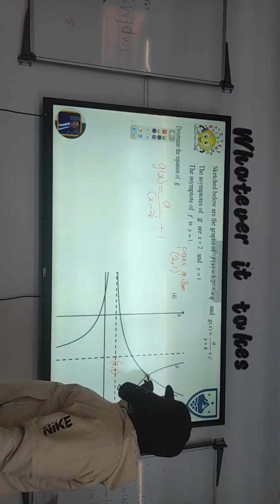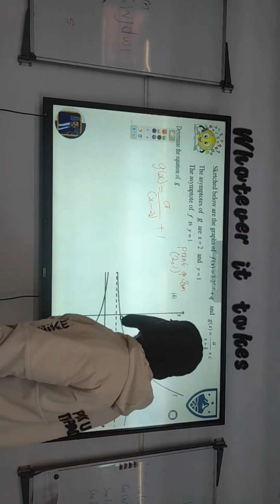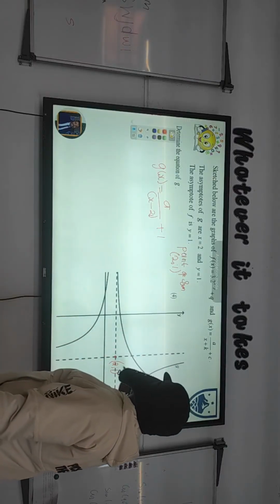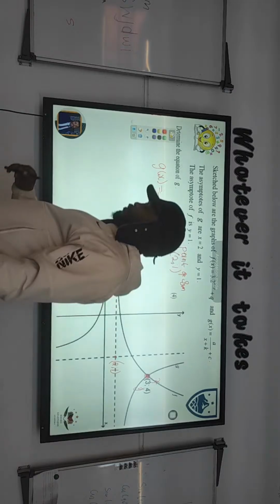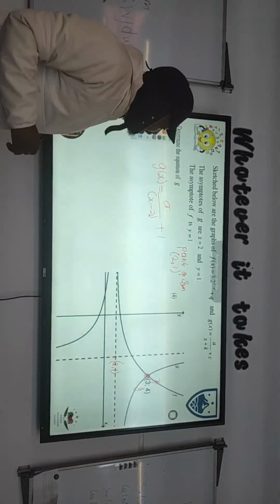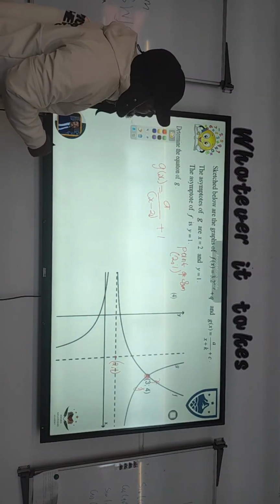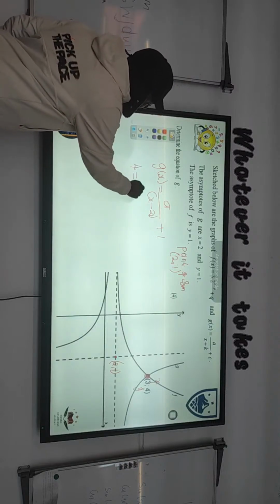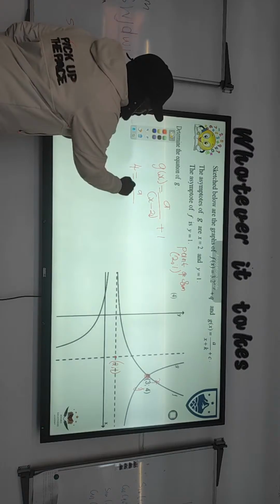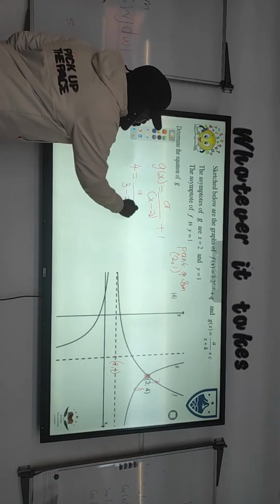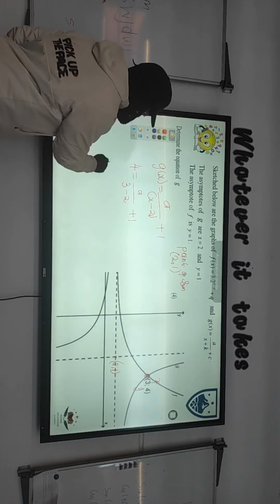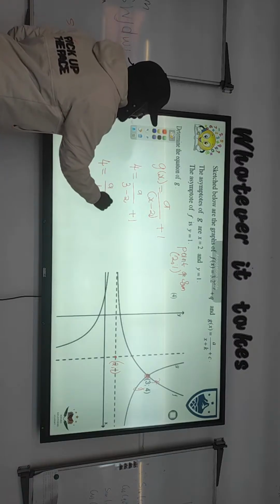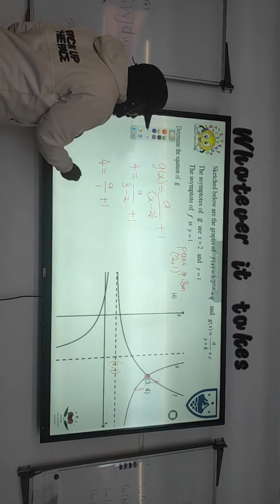So we're going to use this point. That's the only point that we have. X is 3, y is actually 4. Then you substitute that. X being equal to 3, y being equal to 4. We have 4 equals a over 3 minus 2 plus 1, and then your 4 equals a over 1 plus 1.